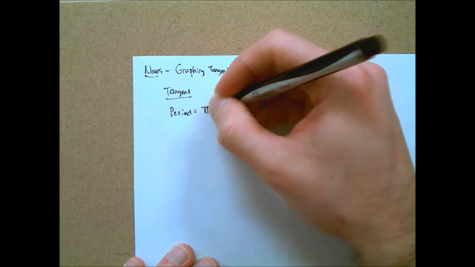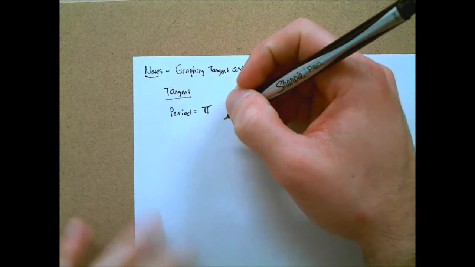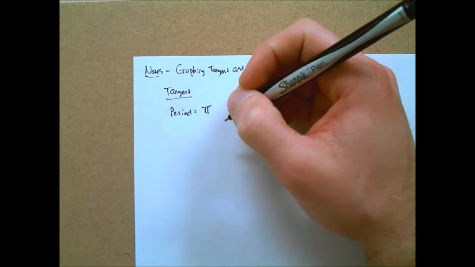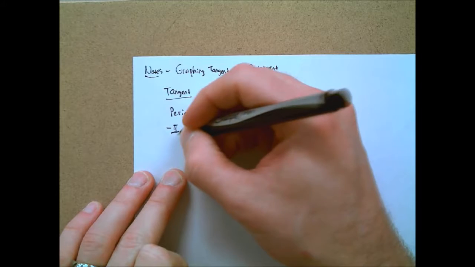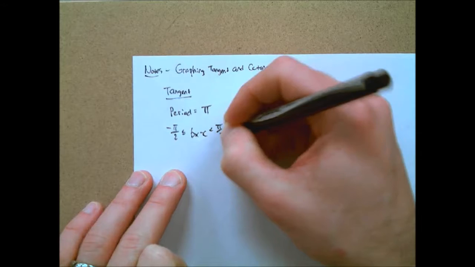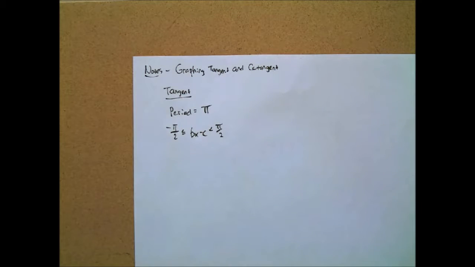For cotangent, yes, it goes from 0 to pi, but for tangent, we're going to start at negative pi over 2 and then go to pi over 2, because it's at negative pi over 2 and pi over 2 where the asymptotes occur, and we're going to use the asymptotes to help guide our starting and stopping points for these waves. For cotangent, though, it's going to be from 0 to pi.